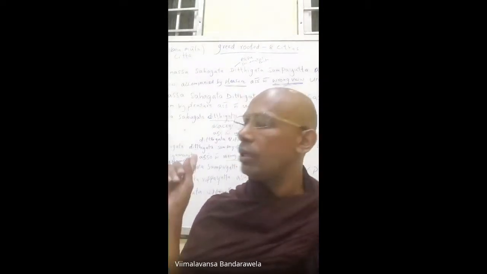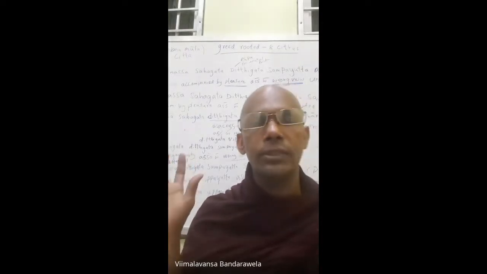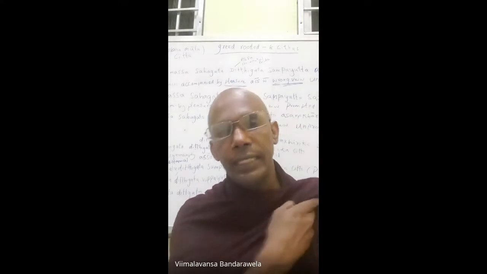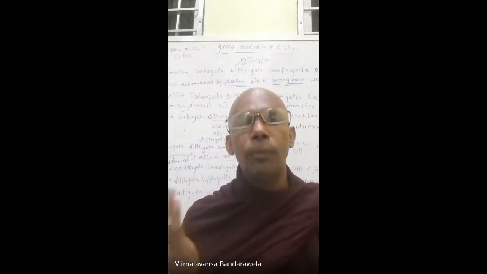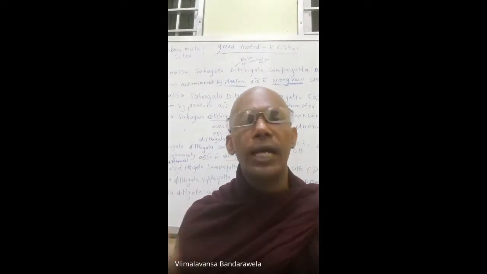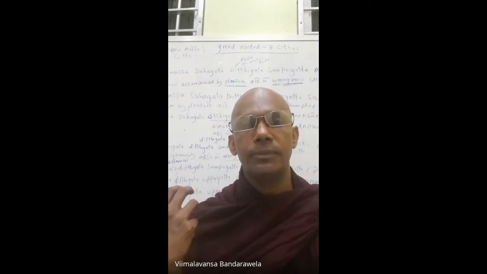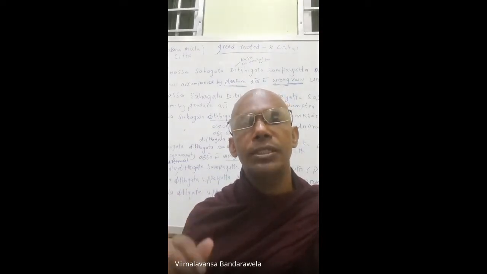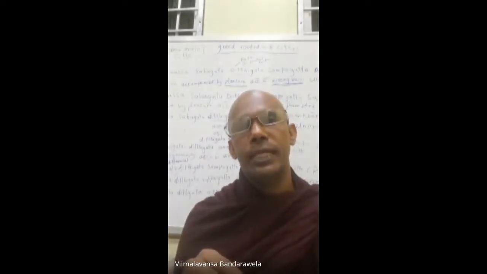Because all these consciousnesses, mental factors and objects, you can see by the light, right? By the light. What light? Upachara concentration light or the jhana concentration light. You can see these paramattha satya, right? Without seeing this paramattha satya, I always mention you cannot reach nibbana, right?